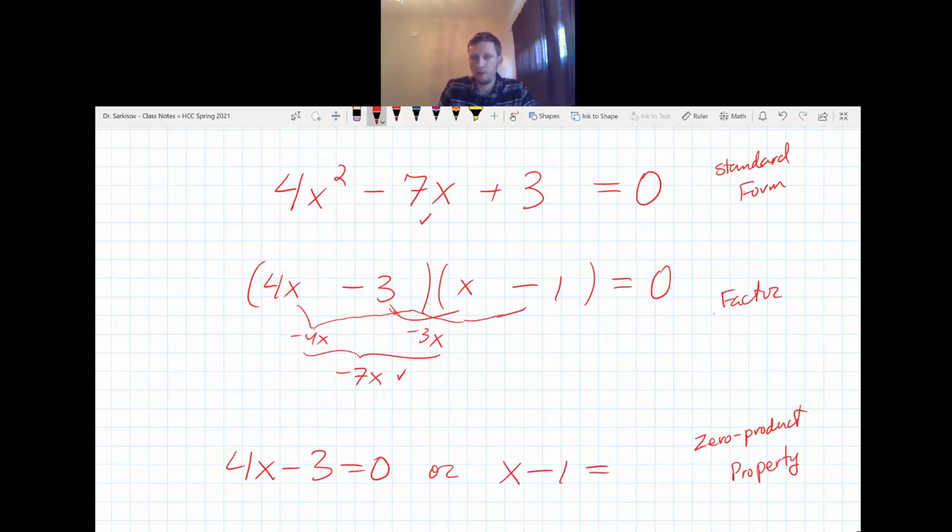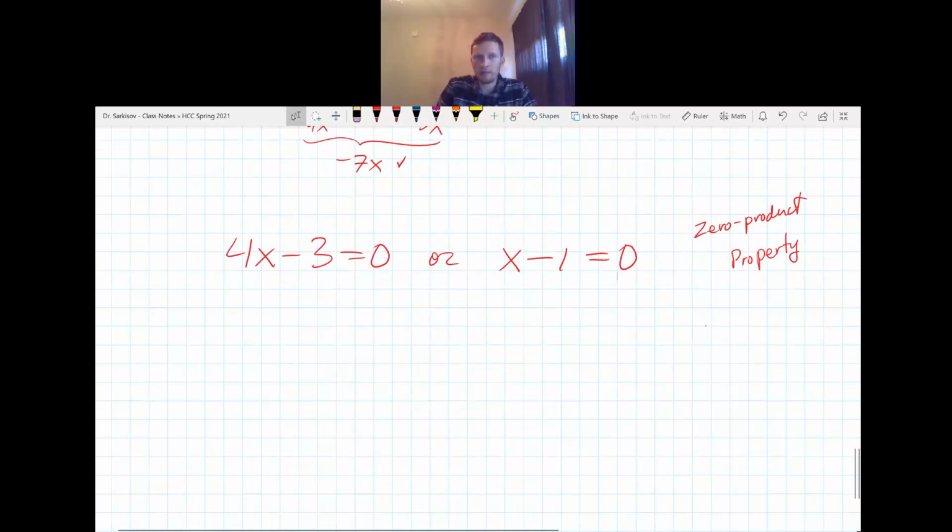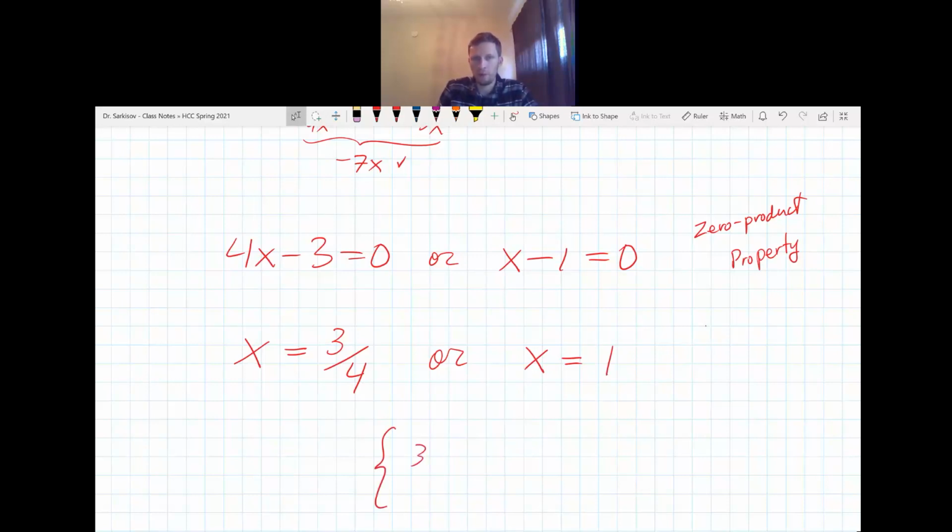And I better be able to solve this by now, right? So 4x minus 3 is 0. x is equal to 3 divided by 4, right? Add 3 and then divide by 4. Or x is equal to 1. Add 1. These are the answers: 3/4 and 1.